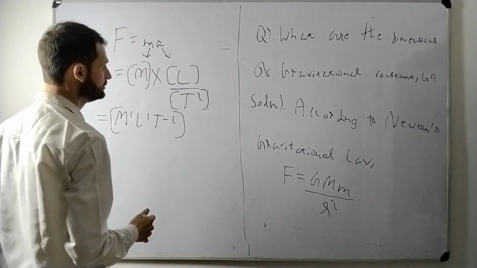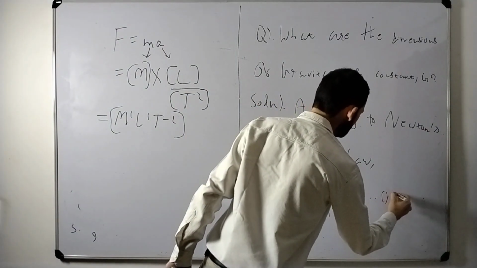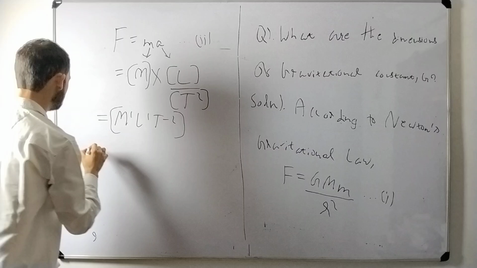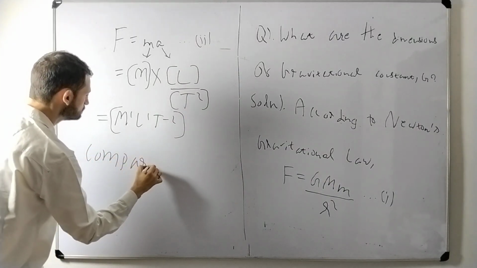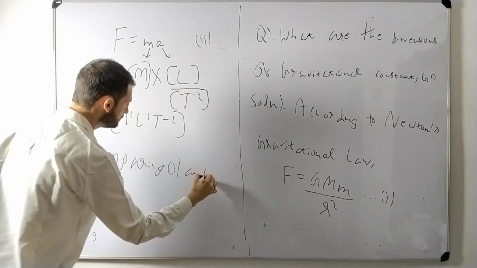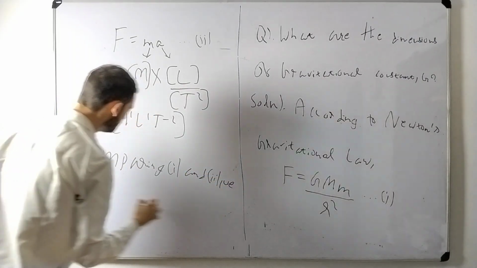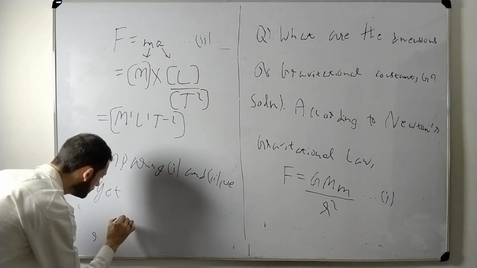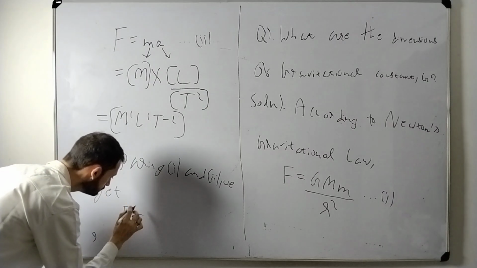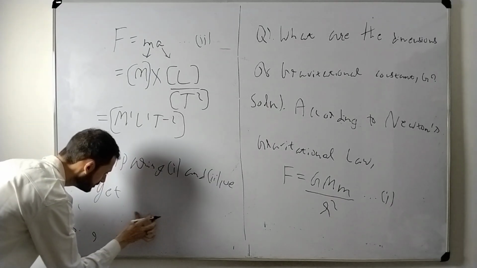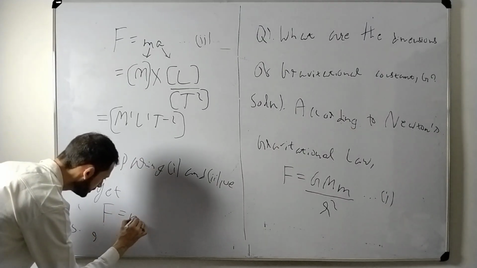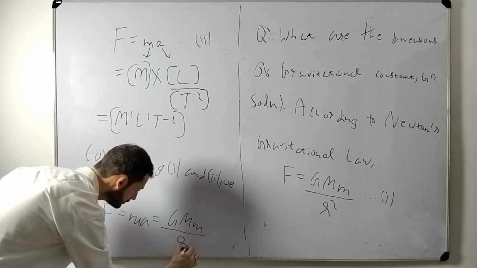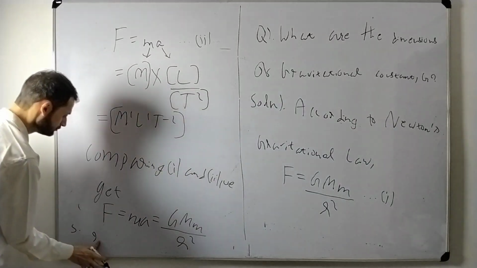Now comparing first and second, we get F is equal to MA and F is equal to G M M upon R square. Okay, both being force.